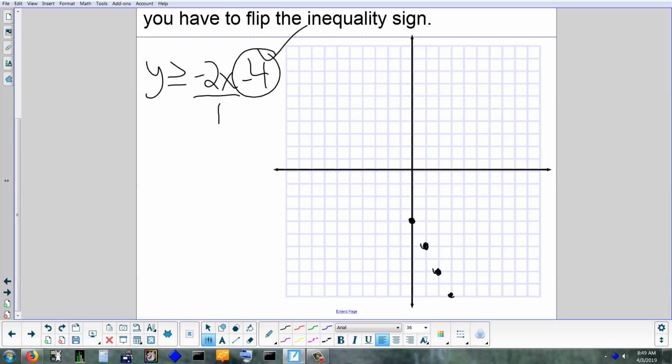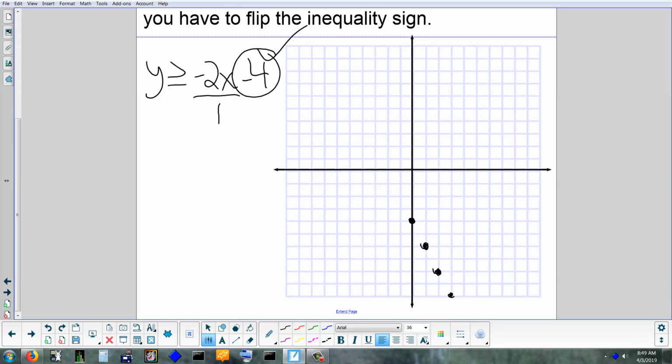Page, what type of line? Solid or dotted? What do you think? Jake, help her out. Solid.